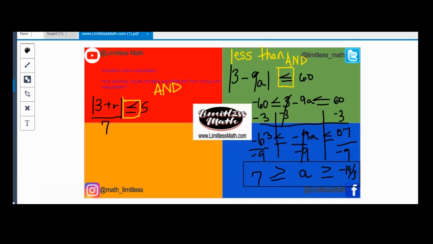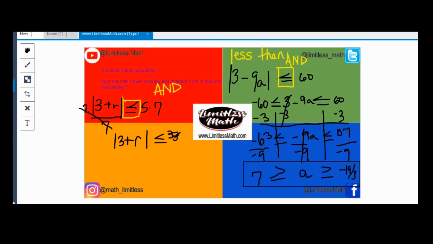But in this example, we have a 7 that we're dividing that absolute value by, and so we need to get that moved before we start the process. So let's go ahead and multiply both sides by 7 so that that will cancel. Now we have the absolute value isolated. The absolute value of 3 plus r is less than or equal to 5 times 7, which is 35.